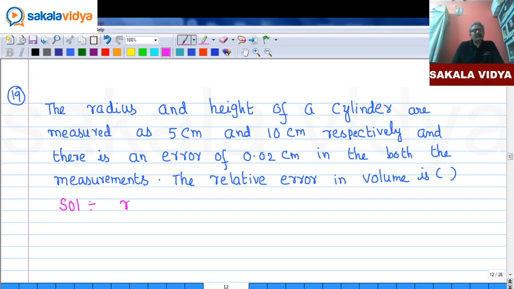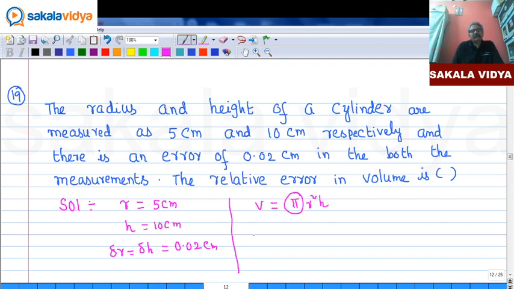Radius given r is equal to 5 centimeters and height is equal to 10 centimeters. Delta r is equal to delta h is equal to 0.02 centimeters. Then volume of the cylinder, V is equal to pi r square h. Now see, delta V by V, this is the relative error. If you multiply with 100, you get the percentage error. That is equal to 2 times delta r by r plus delta h by h.